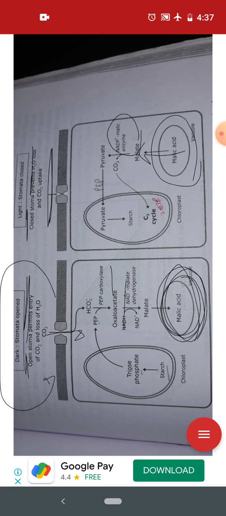The CO2 just released enters the chloroplast, where it is fixed by the Calvin cycle. The adaptive advantage of CAM is the reduction of water loss by transpiration, achieved by stomatal opening during night. This is all about the CAM pathway.